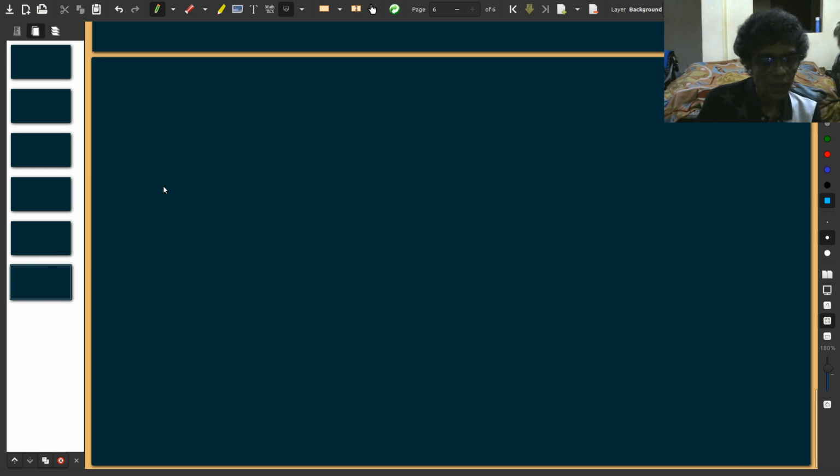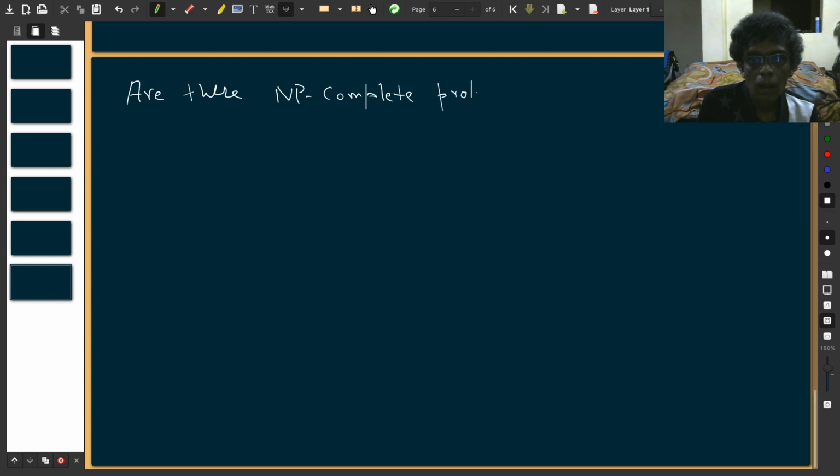Okay. So of course, this definition is good, and you understand the importance of NP-completeness. So, are there NP-complete problems? This is the obvious next question. And the big answer is yes.